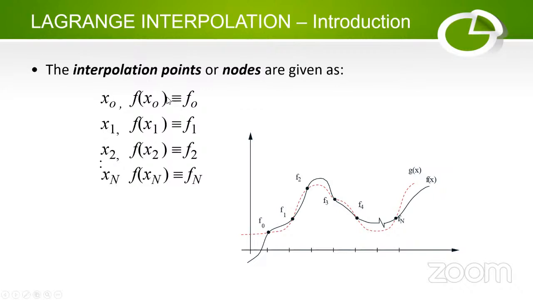Now we see this symbol here, which is approximately equal to f0. This actually is gotten from the approximation theory. So at x0, at this node, our function approximates to f0. And also at this node, our function approximates to f1. Also at x2, this particular node, our function approximates to f2.